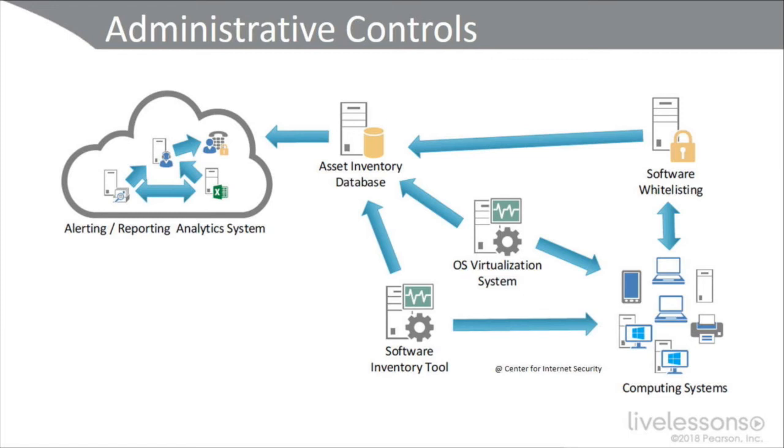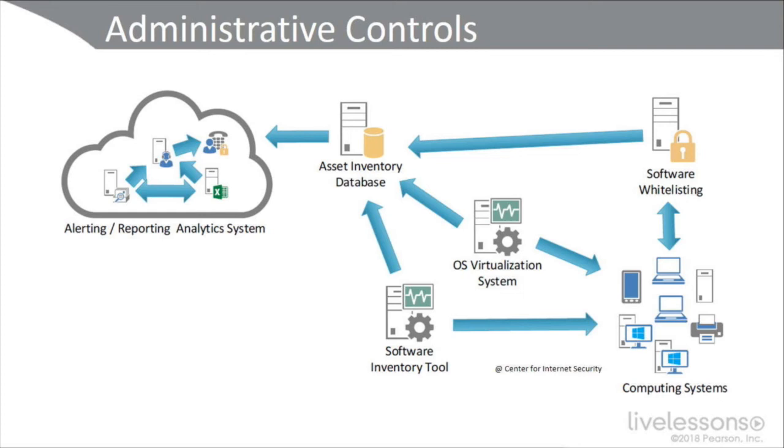that's a common denominator that the CIS has in their 20 controls. But you can see part of this solution is having an asset inventory database, making sure that we are assessing all of our virtualization. So we don't want any endpoints, any workstations or laptops running any rogue virtualization systems. This can be enforced on your VPN users as well.